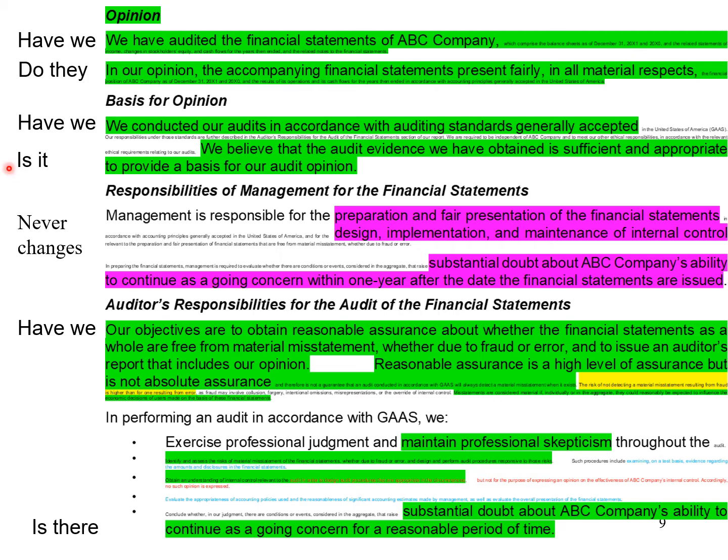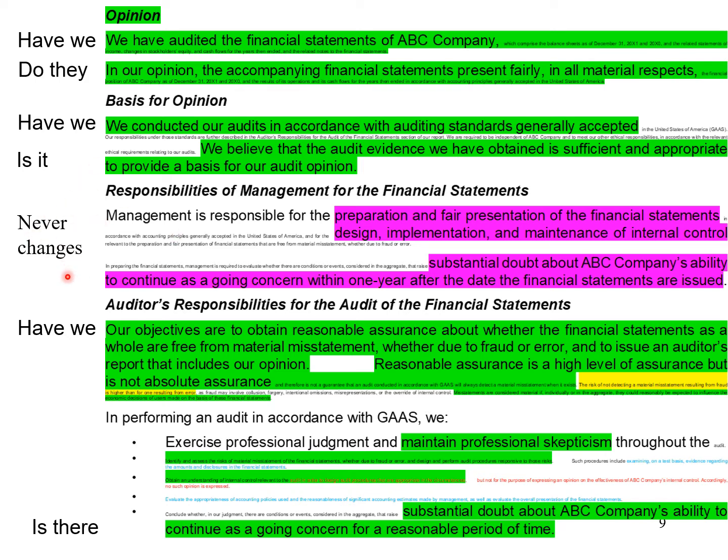So I ask these questions. Have we audited the financial statements? Do the financial statements, in our opinion, present fairly in all material respects? Have we been able to conduct our audit in accordance with generally accepted auditing standards? Is the evidence we've obtained sufficient and appropriate to provide a basis for our opinion?